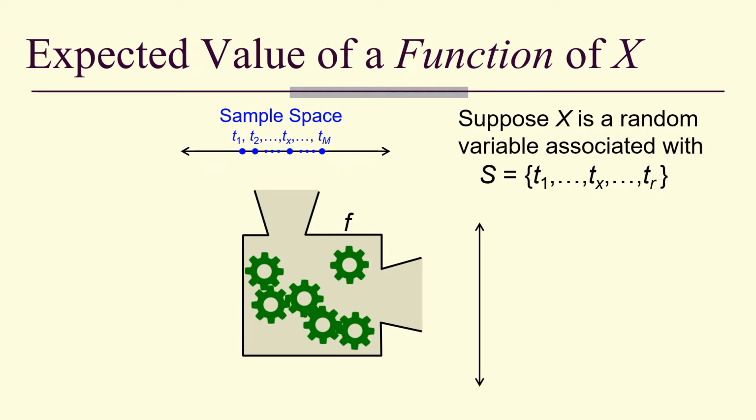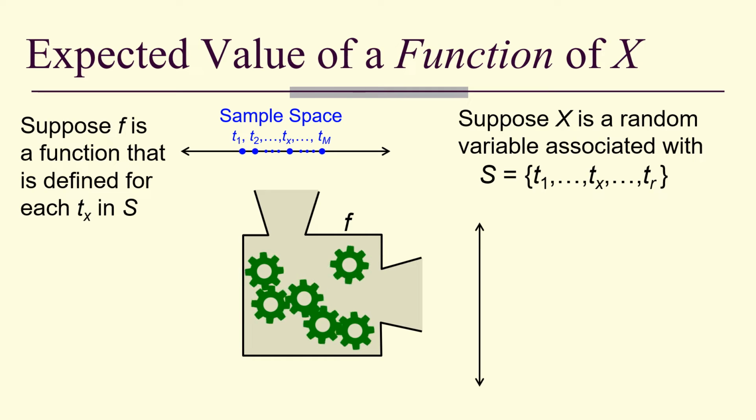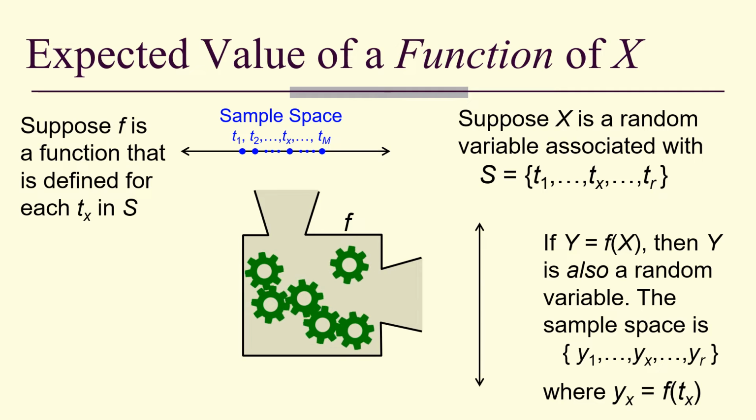Now, expected value of a function, let me elaborate just a little further. A function is defined for each t_k in S, and if x is a random variable, a variable associated with S, then y equals f of x is also a random variable, but the sample space is now the image of the original sample space.